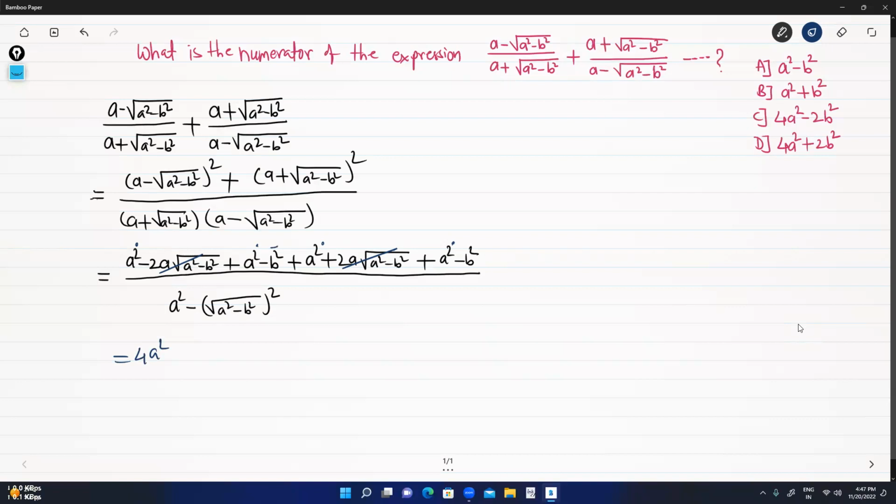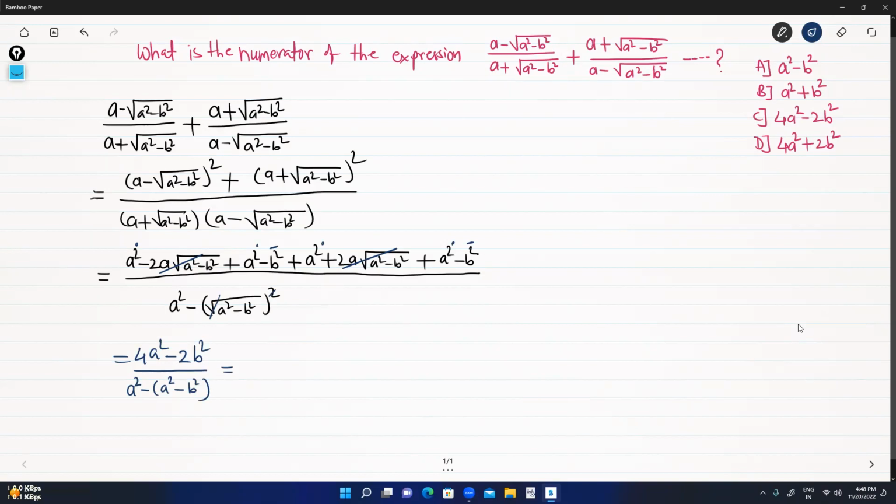Then again minus b square appears 2 times here, and will return its addition as minus 2b square, whole divided by, so this a square will be as it is, then this square and square root will be cancelled out, and the remaining things will be in the bracket as a square minus b square.